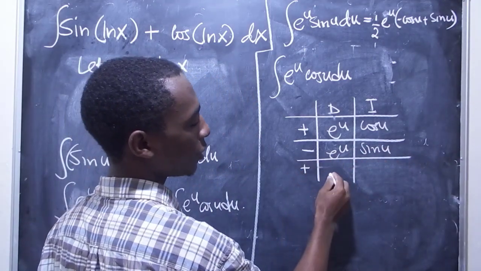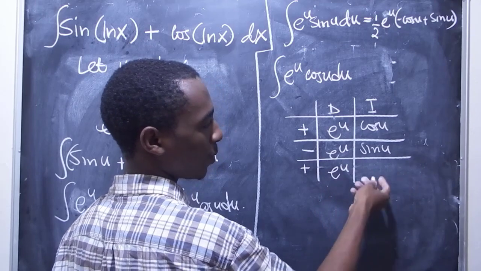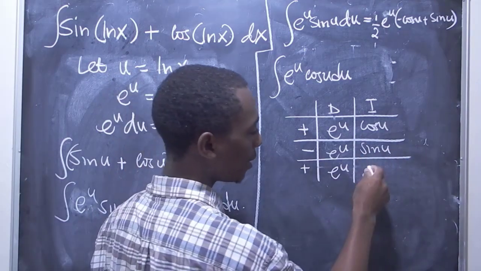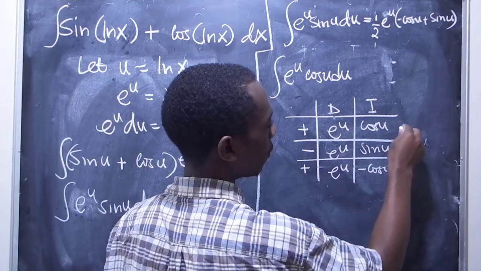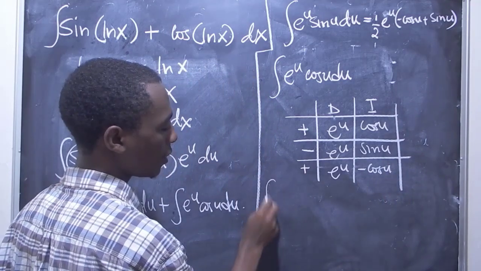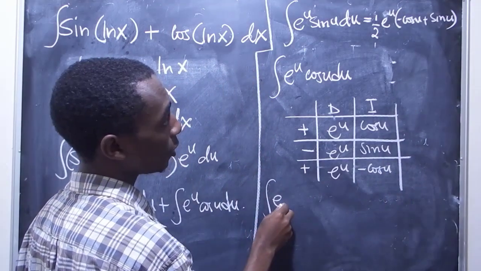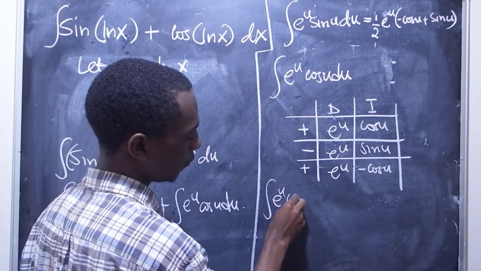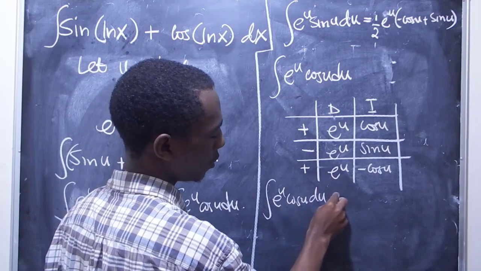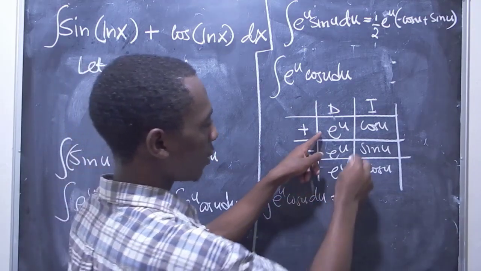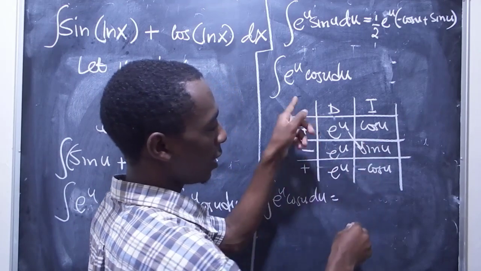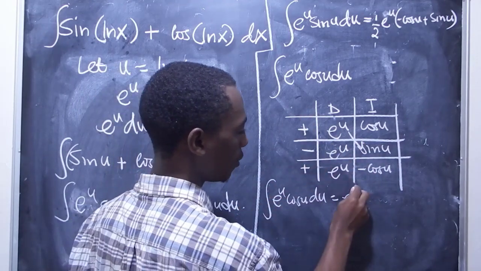If I differentiate e to the u, I get e to the u. If I integrate sine u, I get negative cosine u. So the integral of e to the u cos u du is actually going to be, multiply this by this, diagonal, e to the u sine u.